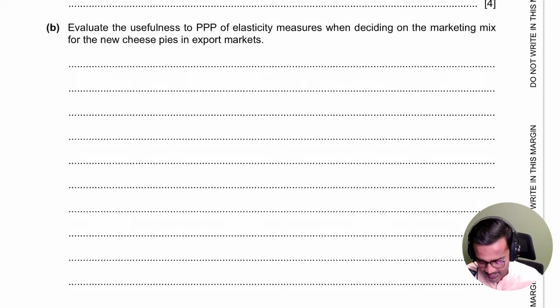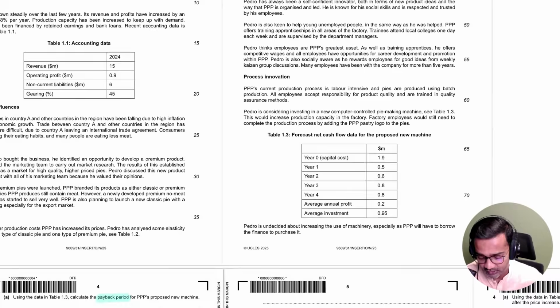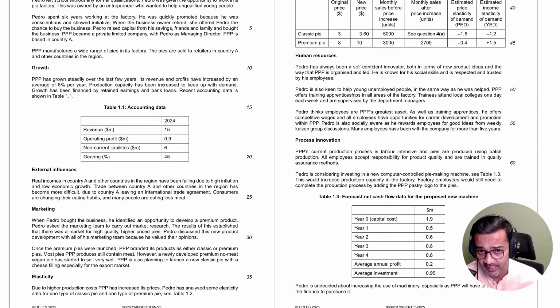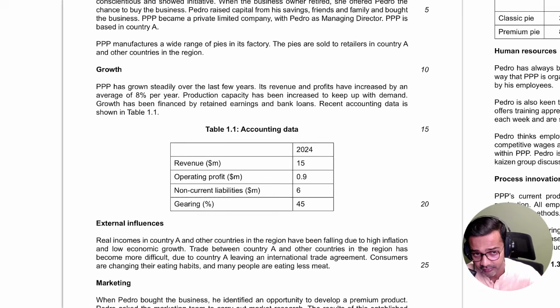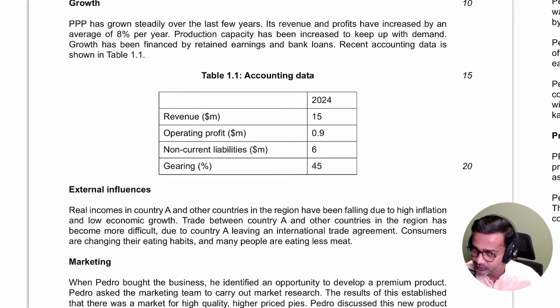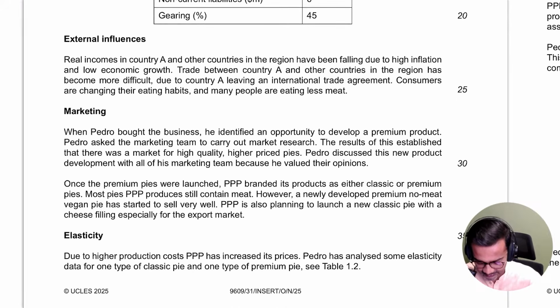And in your case study, when you go to the insert, you will see that it is divided into different paragraphs, and each paragraph has a particular heading. If I zoom in here, you see the first one being growth, the second one being external influences, which we'll be using today, then marketing, and then you see here elasticity, right?